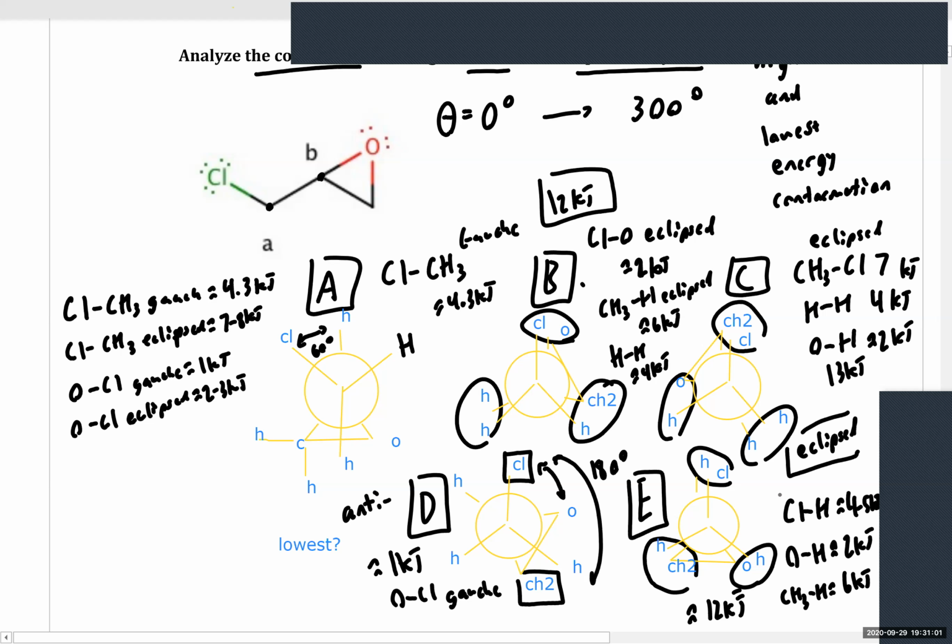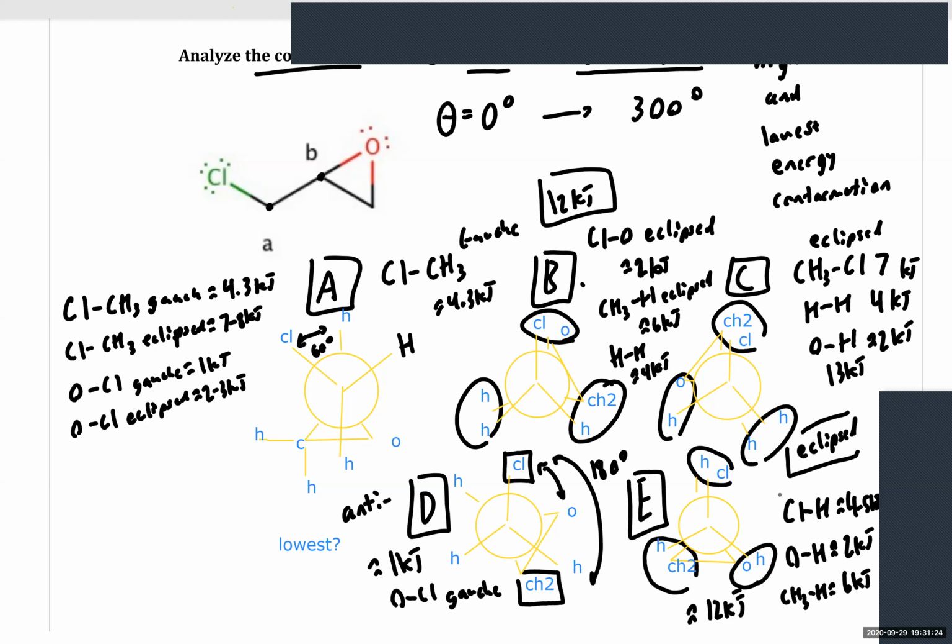Okay, so we've done mapping and we've looked at the different conformations. What we're now going to do is clear the student drawings. I'm going to draw out our own set of conformations, and we'll provide an instructor solution for this problem.